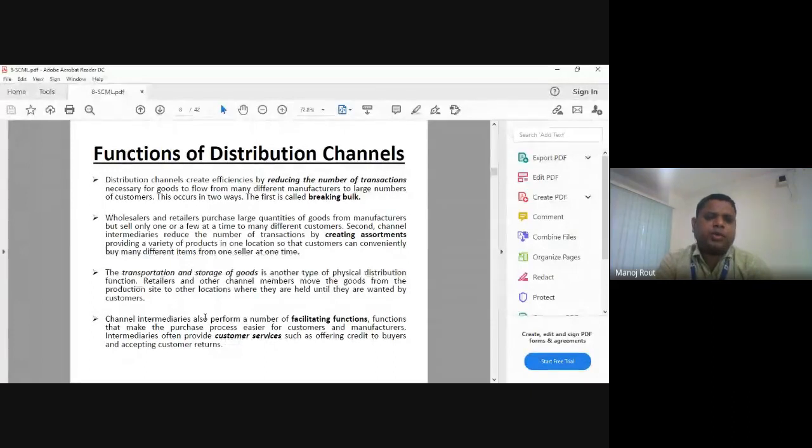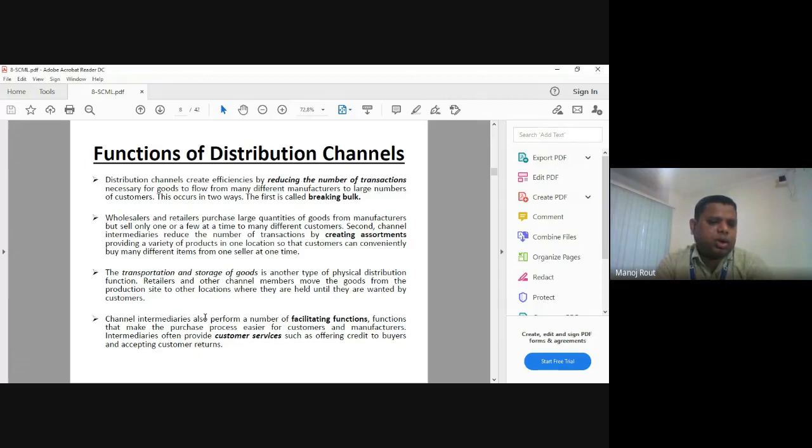If customers reject one particular product, they can go for another product. So there is no particular number of wholesalers and retailers the customer must go to directly to avail of a particular product. They provide all kinds of facilities. They maintain the quantity as well as the quality of the product in a particular transaction, which creates assortment and provides a variety of products in particular locations.